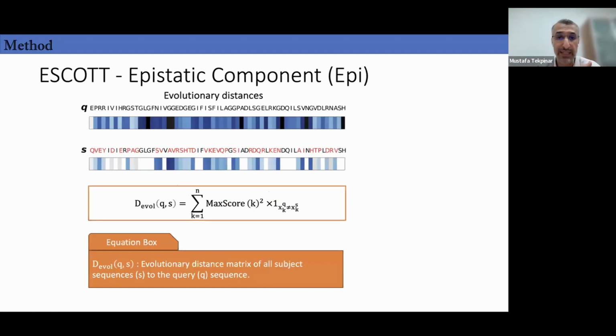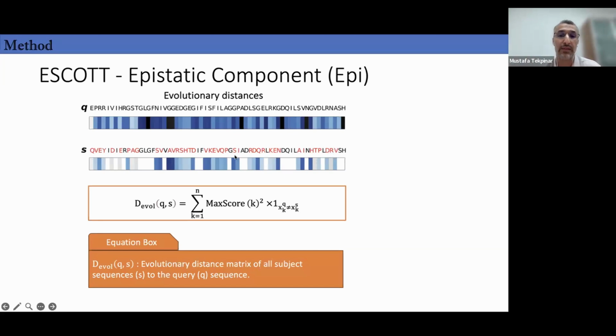Then we have an MSA file as our input. And in our MSA file, the query sequence is the sequence that we wonder mutational effects. And we have several subject sequences. I am showing just one example. We compare our subject to query, and we find the locations that are not identical to the query, which are shown here as red.